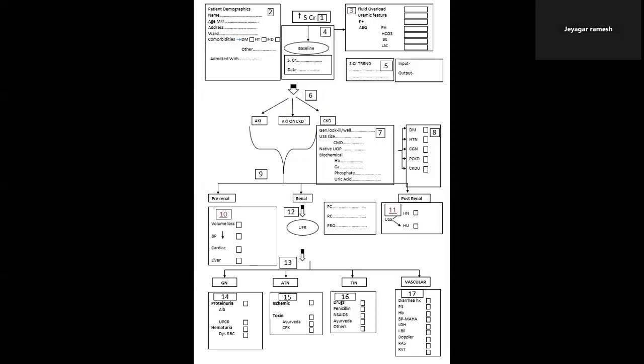So the vasculature being the cause for the AKI is due to atypical HUS or TTP. And I have purposefully added renal artery stenosis and renal vein thrombosis here, which could be a pre-renal element, which is very rare and needs a Doppler scan to raise suspicion.